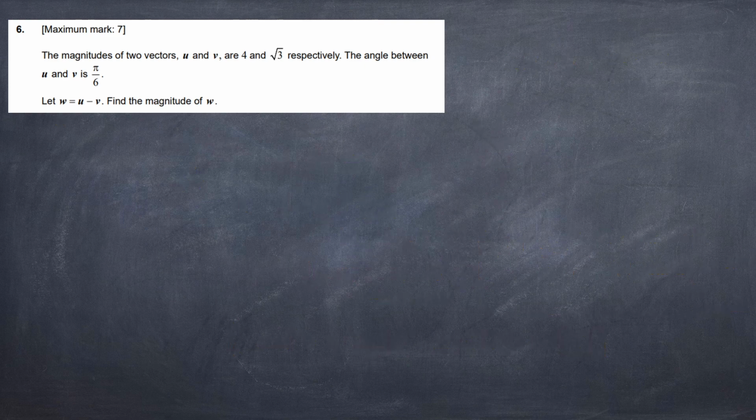Now in the next slide we will find the value of w. So magnitude of w whole square is equals to 4 square plus root 3 whole square minus 2 into 4 into root 3 into cos pi by 6.